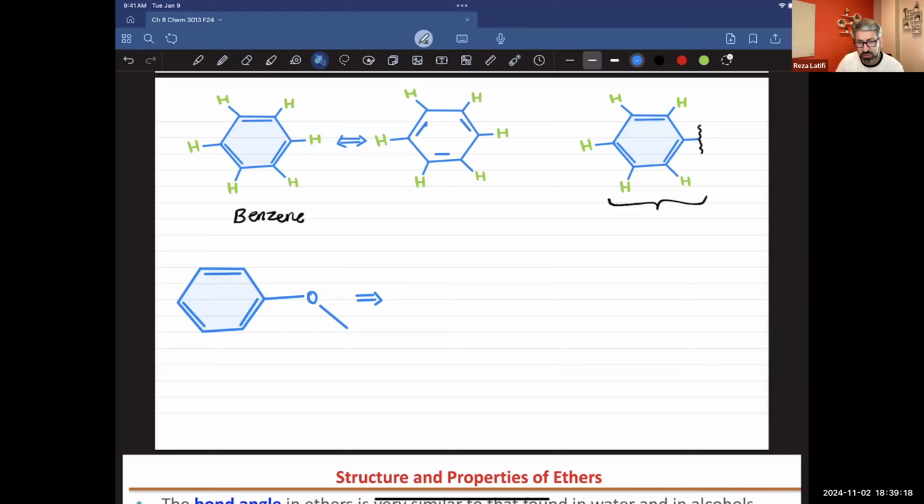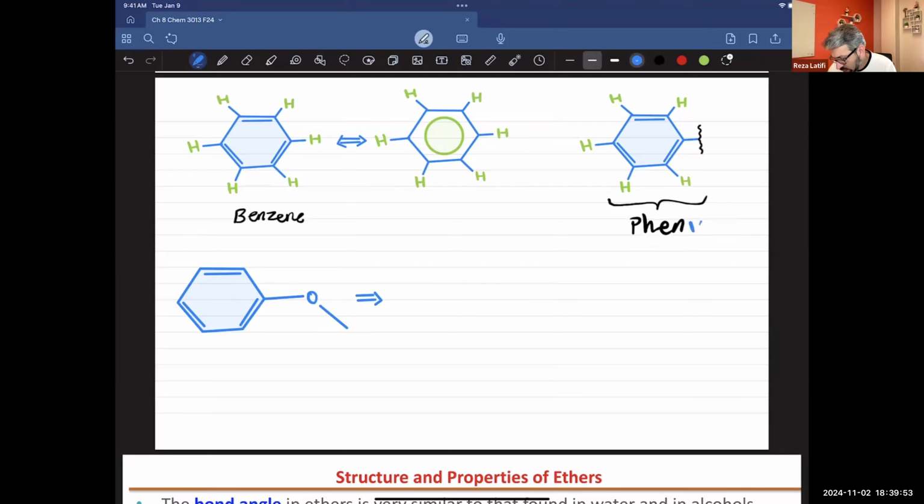As you see, I change the position of the double bond, and instead of that, chemists have a tendency to draw a ring inside the cyclohexane to show that it is a benzene molecule, and there is resonance for the double bonds technically. If this ring is not attached to anywhere, the name for it will be benzene. But if it's attached to somewhere else, you can call it phenyl.